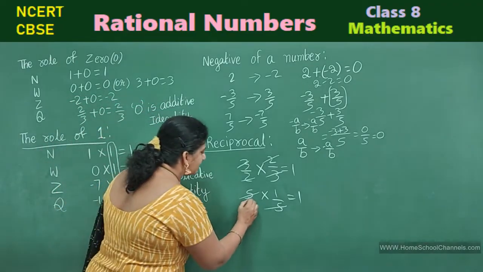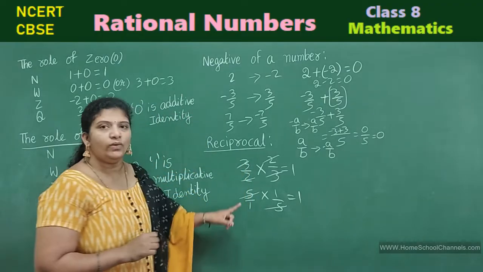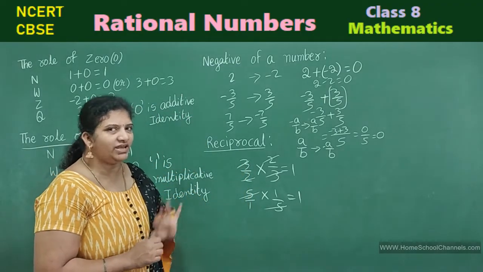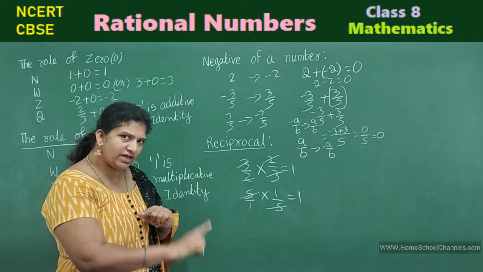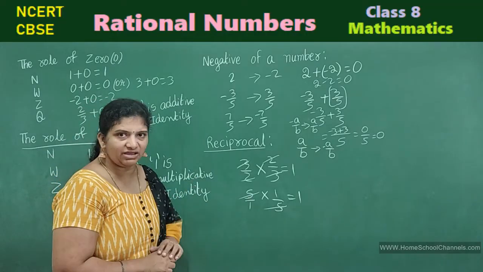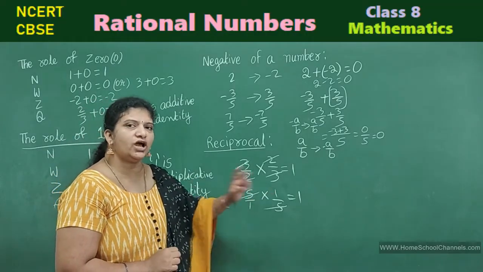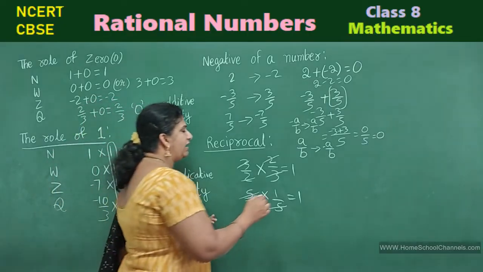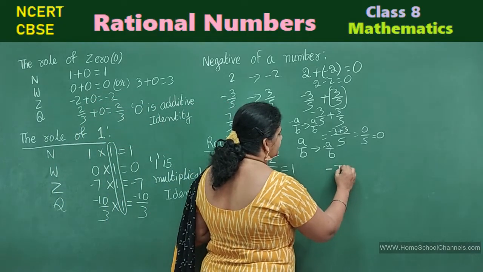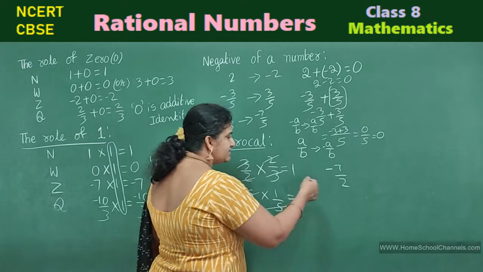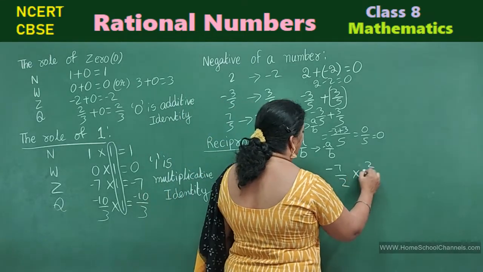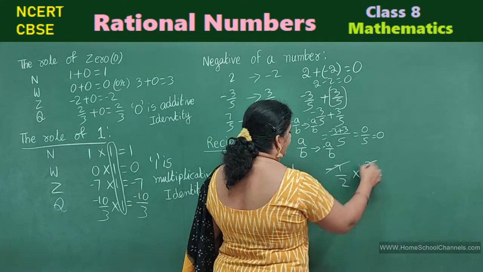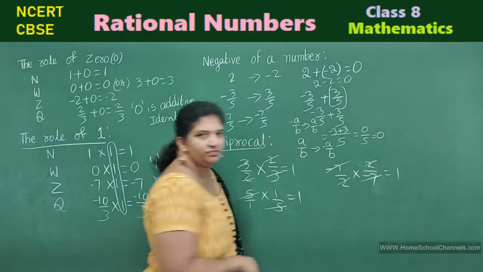Understand here, only 5 means 5 by 1 was there. So the reciprocal of 5 by 1 is 1 by 5. If you multiply these two, you are going to get 1. In the same manner, suppose you have minus 7 by 2. Its reciprocal will be 2 by minus 7. Cancel, you are going to get 1.